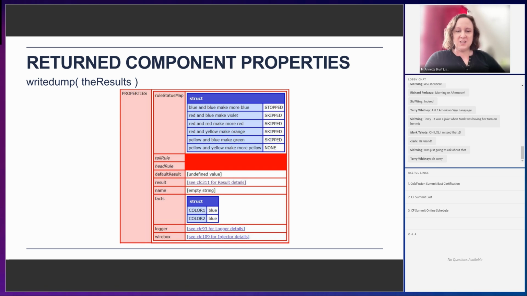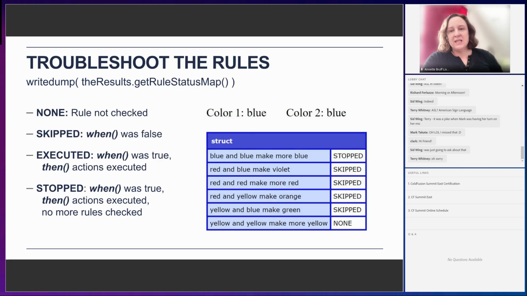We're going to take another look at this rule status map. This is how you audit your rules. It's going to tell you what did and did not happen. Skipped means that the when did not evaluate to true. That rule did not execute, its then method did nothing. Executed means that the when method evaluated to true, and then the actions occurred.